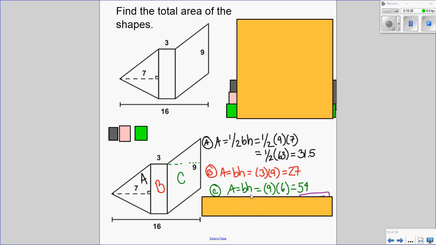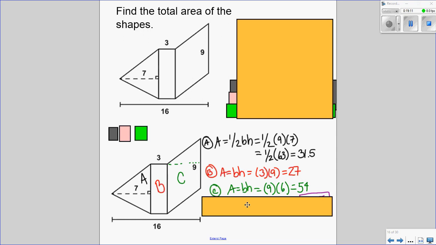And then the last one, which I labeled C, the parallelogram, I used the parallelogram formula, base times height, and found that the base is 9. But now, the height. You don't know what the height is, but they gave you the overall length of this shape. We already have the height of the triangle, which is 7. You have this piece, which is 3. So then you have 7 and 3, which gives you 10.